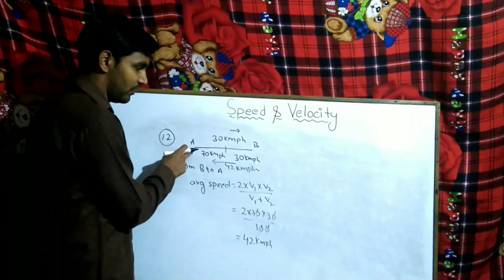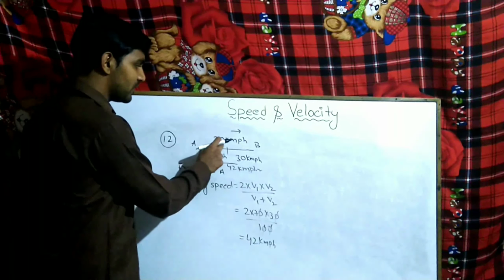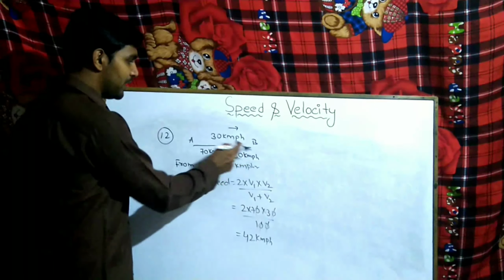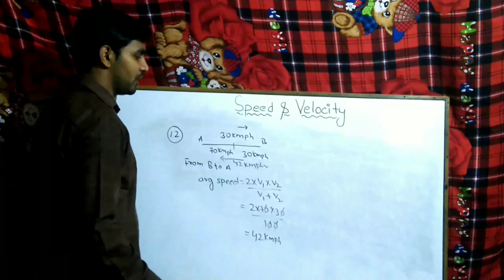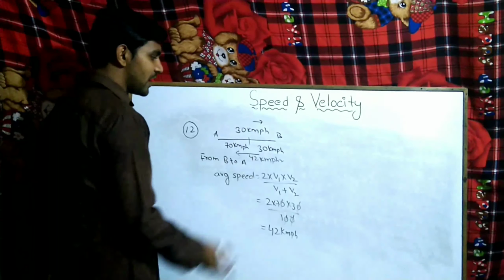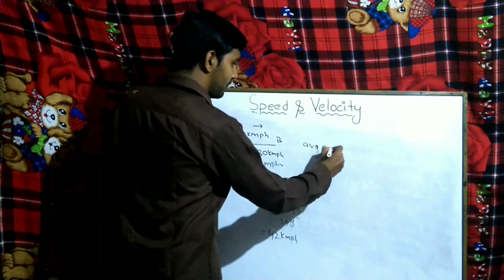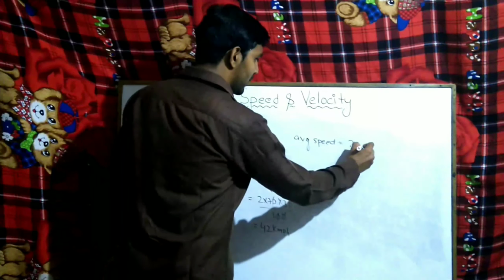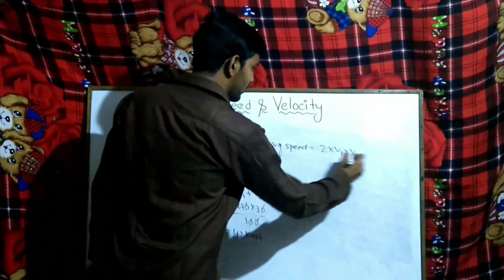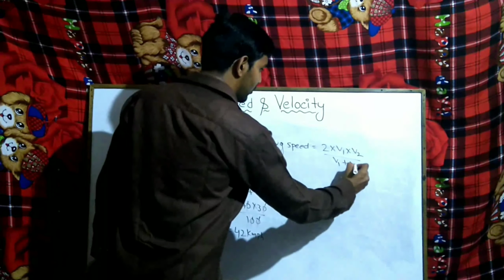Okay, but again we have to find the average speed, because the body came to the same point A. So now from A to B how much is given? 30 km per hour. From B to A we found 42 km per hour. But now again distances are equal. Then again the average speed is the same, 2 into V1 into V2 by V1 plus V2.